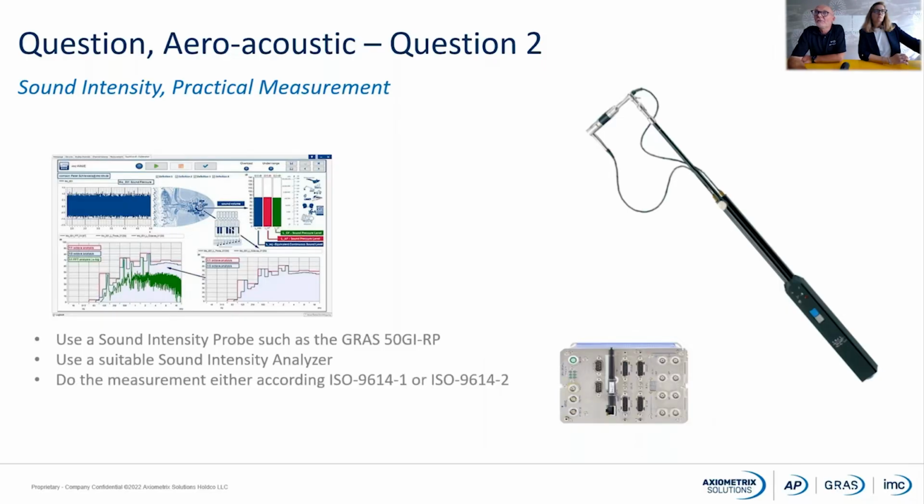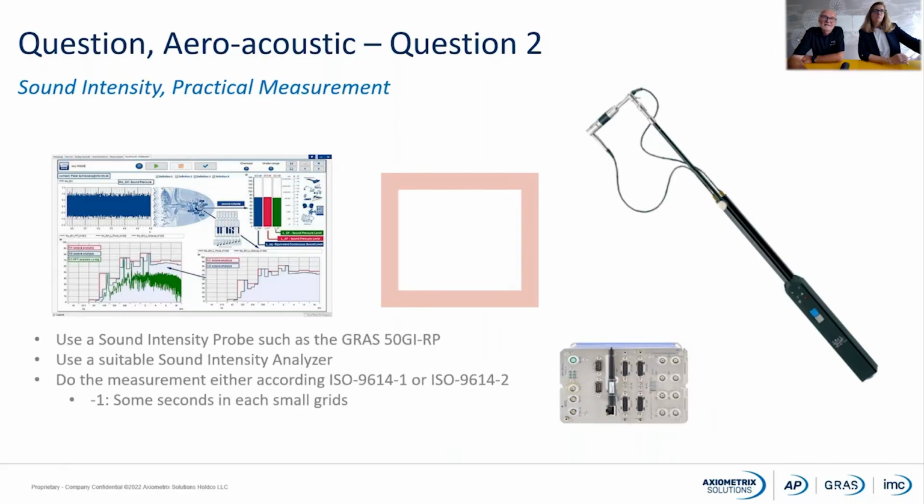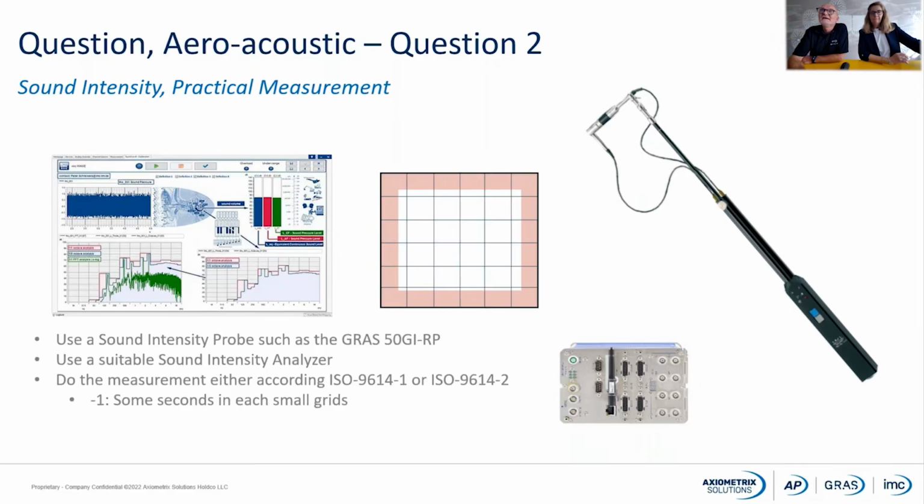And then we have to perform the measurements according to ISO 9614-1 or 9614-2. The 9614-1 is where we are measuring a couple of seconds in a grid.